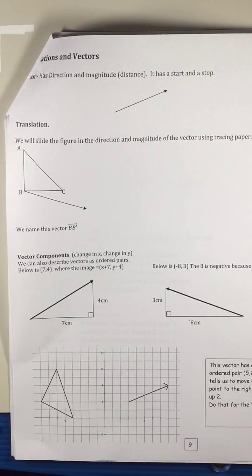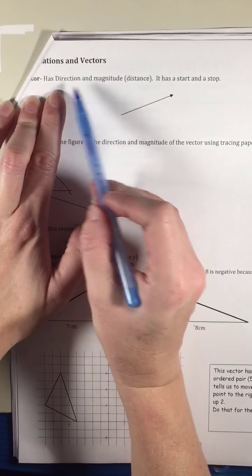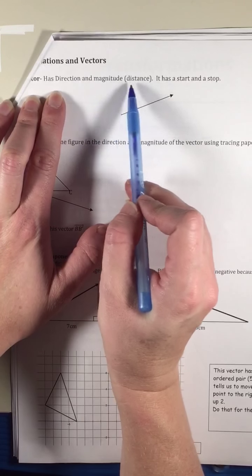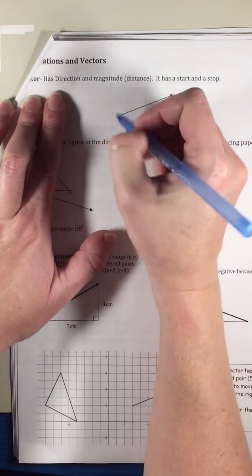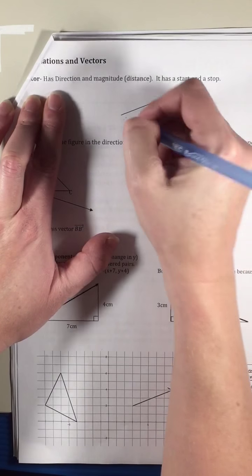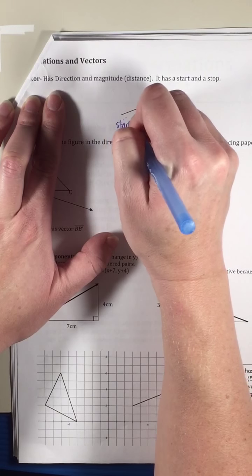All right, so we have a vector again. So we said a vector has direction and magnitude, which is distance. So it tells us where to start and where to stop. So here, the arrow shows us where to stop. This is to show us where we start.